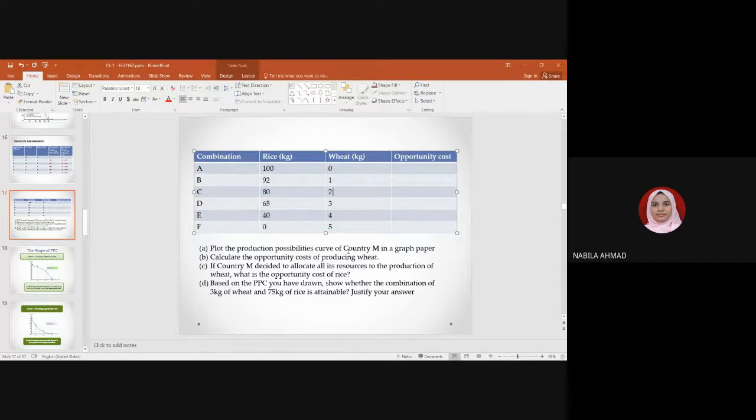So wheat will be in the horizontal axis and rice will be in the vertical axis. And then jawab soalan C dan juga soalan D. Boleh? So next class kita akan discuss.